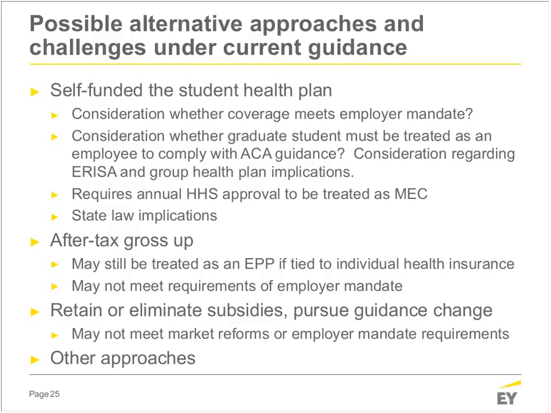So let me see if I can spell that one out a little bit more, because I know about at least one institution that's doing that, and this isn't a perfect solution. It's got some problems with it, and we could go through those and talk about that. But just for purposes of this discussion, let's say an institution pluses up or tries to hold harmless the graduate student by giving the graduate student an extra $1,500 a year to hopefully go and buy insurance.